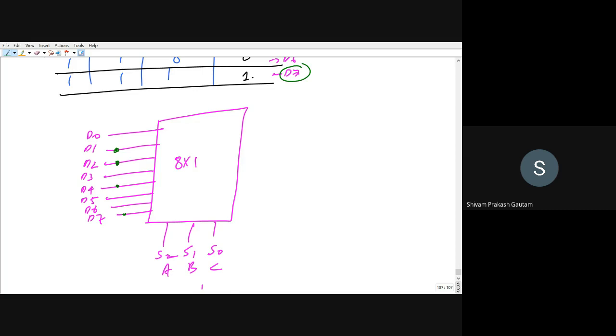Let me draw like this. So this will be 1, and that's 0 for all the other cases. Are you able to understand this? So the function we will be getting is A XOR B XOR C.